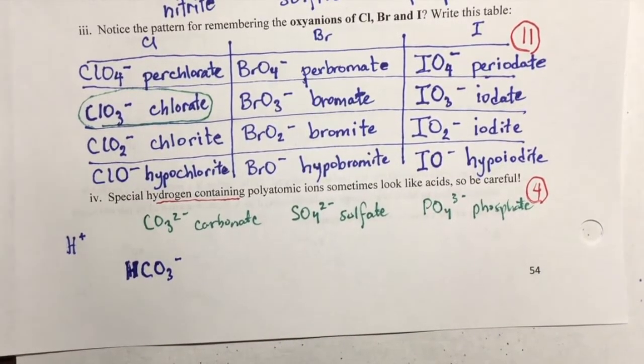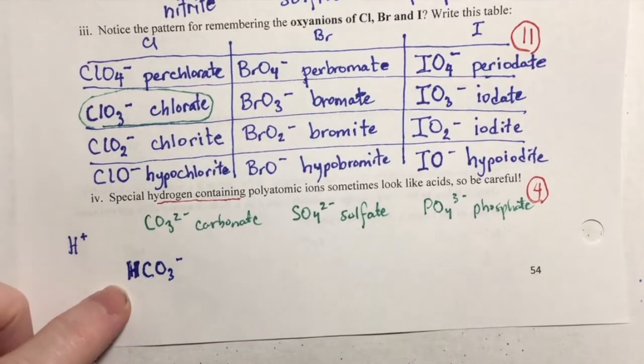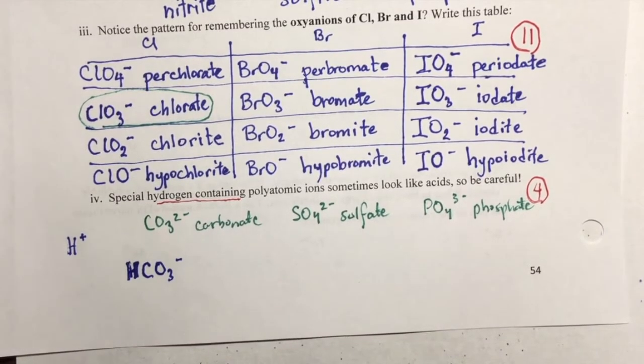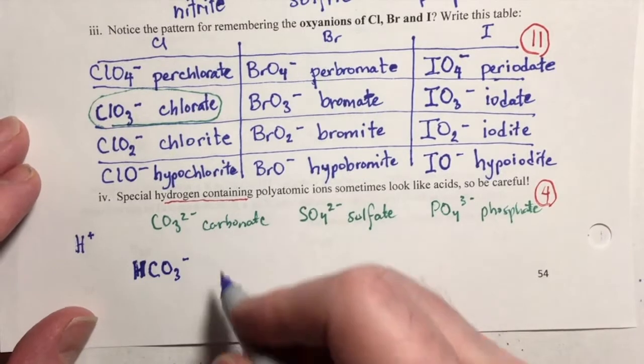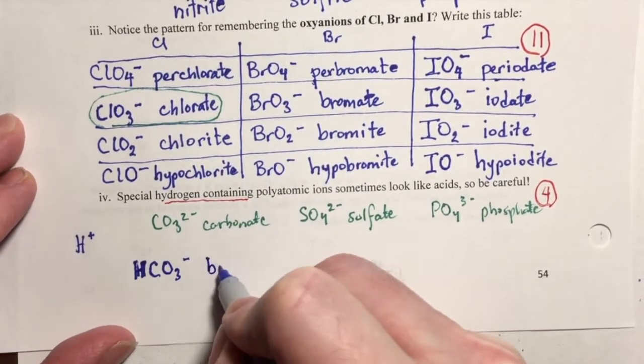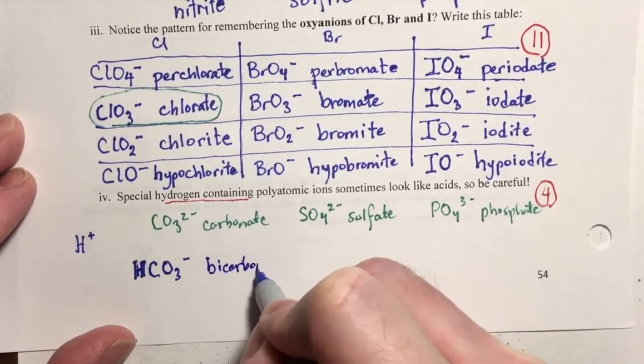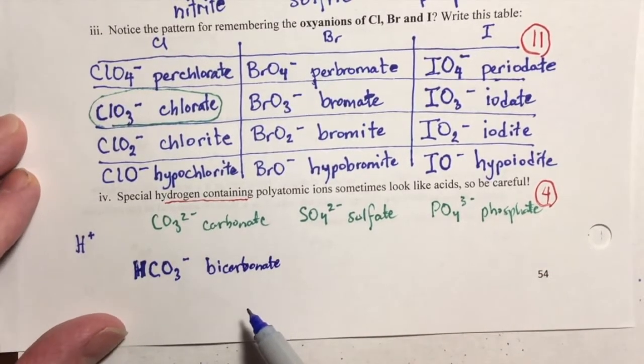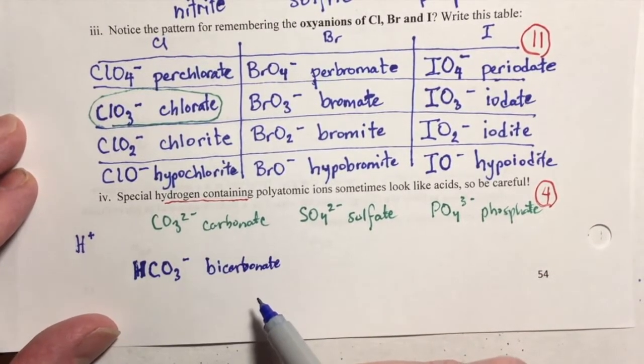Now there's an older term for this ion, and I'm going to write it down, but it's not the term that we're going to use. I'm going to write it down because you will have seen it probably many times in your life. This is called the bicarbonate. Bicarbonate. So sodium bicarbonate, for example.